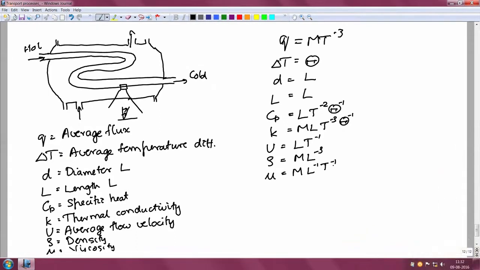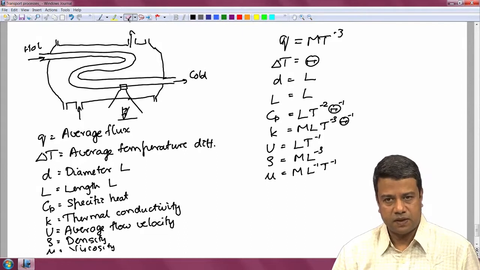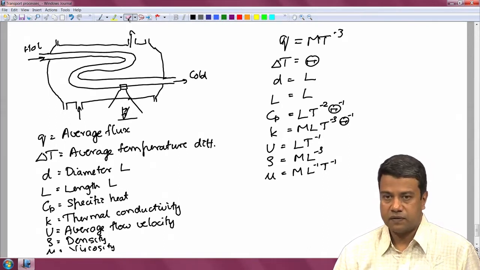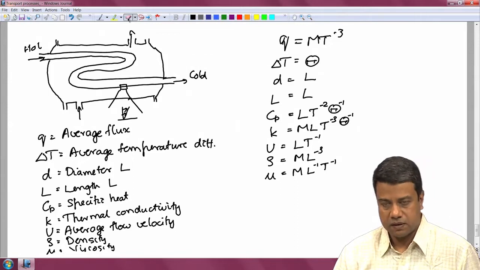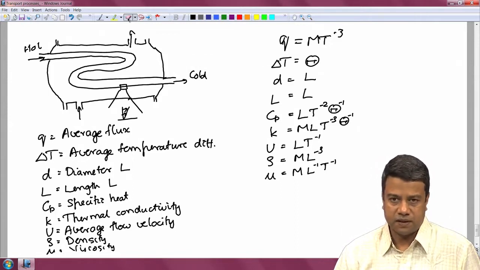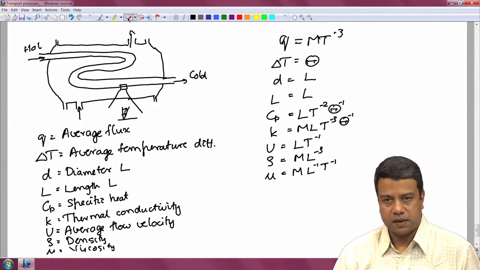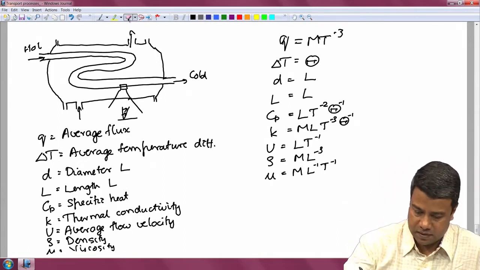So, there are now 9 quantities, and there are how many dimensions? 4 dimensions, because you have mass, length, time and temperature. So, a total of 9 quantities, 4 dimensions. So, you should have 5 dimensionless groups which determine this average heat flux. One is the dependent dimensionless group and the others are all independent dimensionless groups.